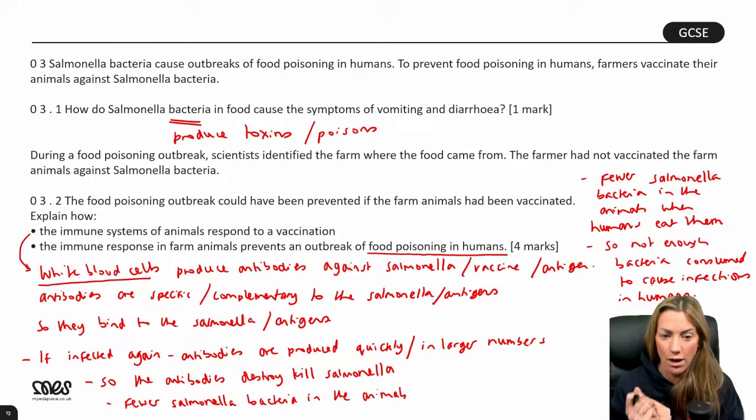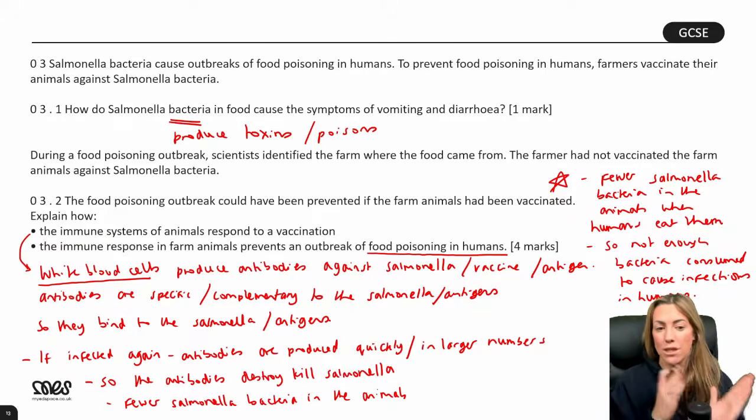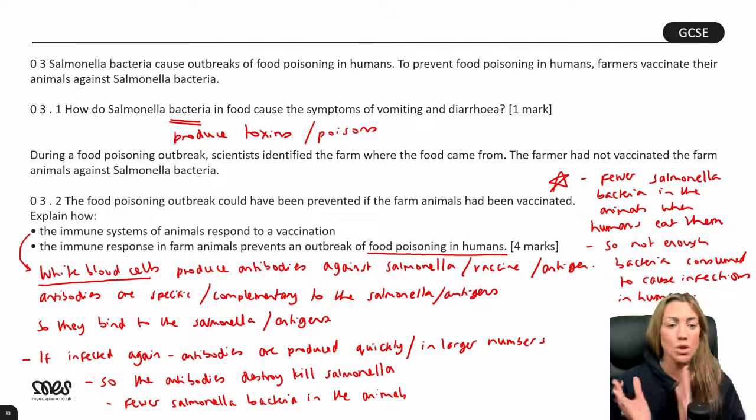You might think that I've written a lot, but to get 3 or 4 marks, you had to get all the way to preventing an outbreak in humans. So you had to say at least one of these points that I've written up here. You couldn't just talk about the response in animals. You couldn't just talk about what the vaccination does in animals or the secondary response in animals if they get infected again.